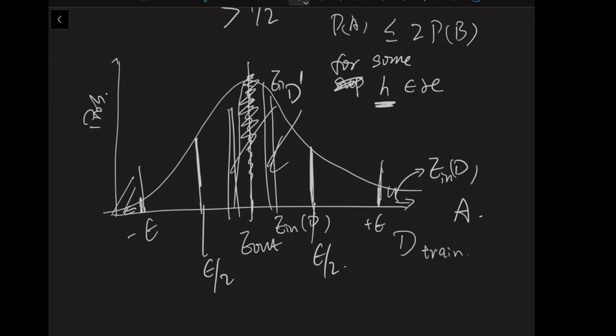Then the logical consequence of C given A will be that the difference between E_in of D and E_in of D prime must be at least half of epsilon.